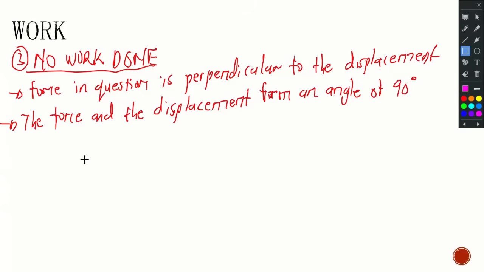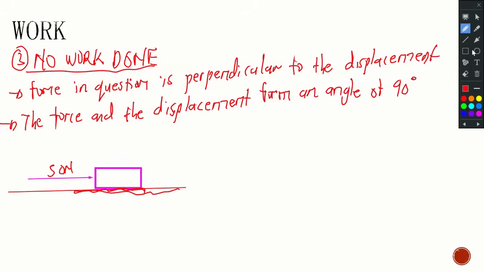Okay, so again, considering that very same example, say there is your block there, and then a force has been applied of 50 newtons, and then it's a rough surface, and then Fk of 20 newtons.